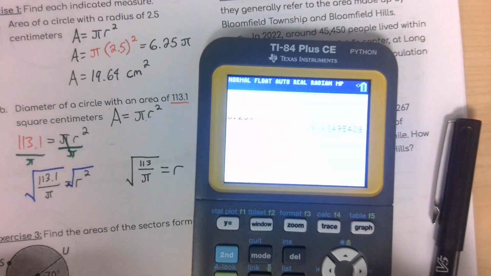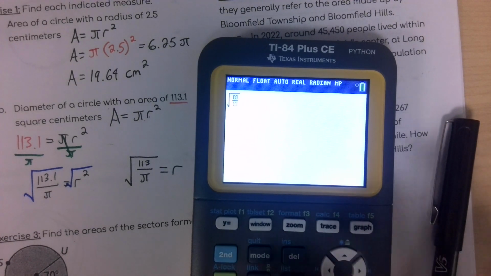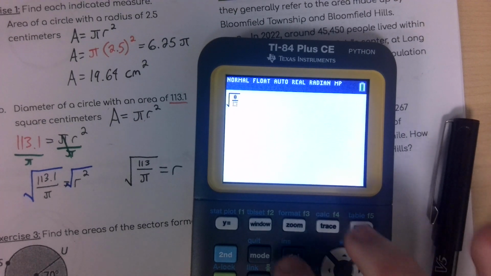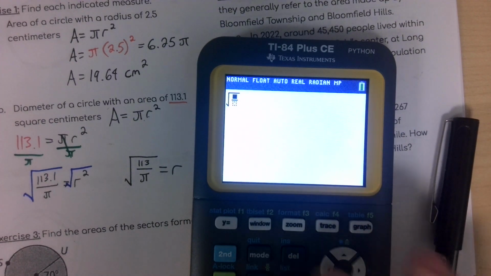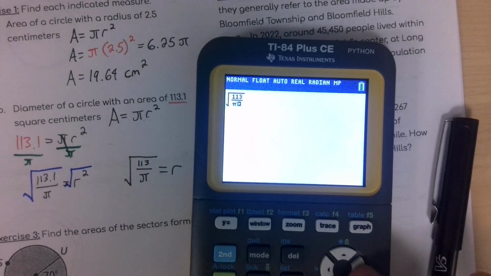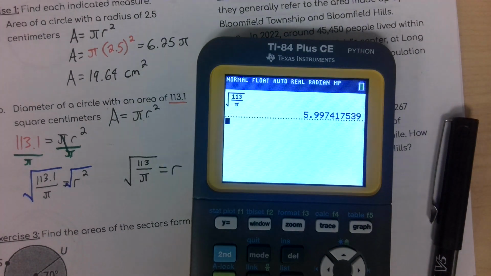Once again, we can plug that into our calculator to solve it. I'm going to type it in as a fraction, since that's what looks nicest to me. There we go. So, the square root of 113 over pi is 5.997, or about 6.